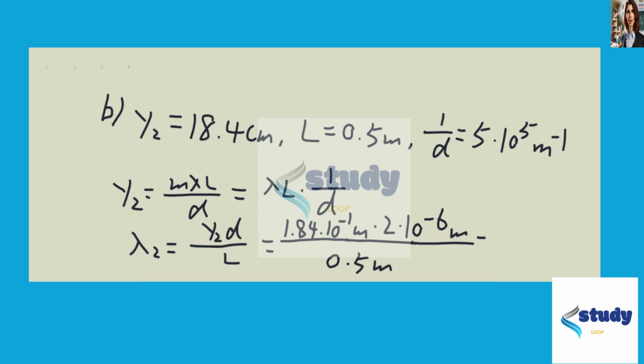And we'll get, let's use a calculator real quick, 7.36 times 10 to the negative 7 meter, or 736 nanometers, since 1 nanometer is equal to 10 to the negative 9 meter.